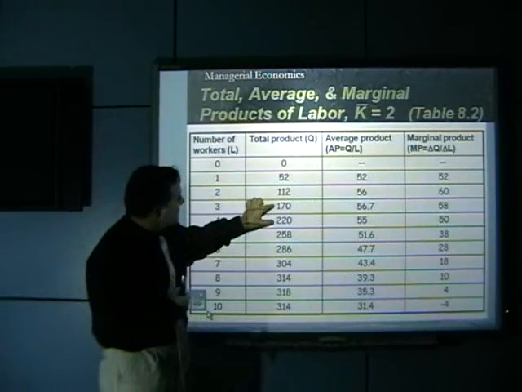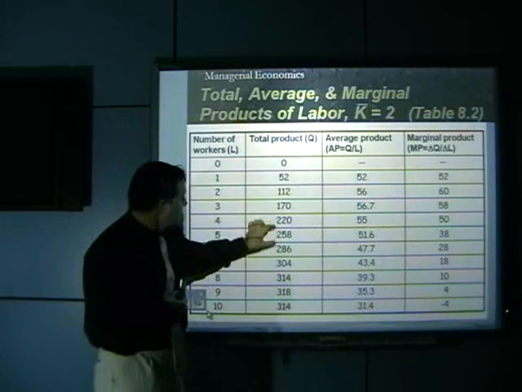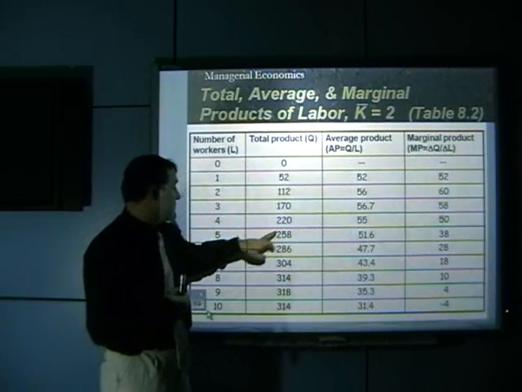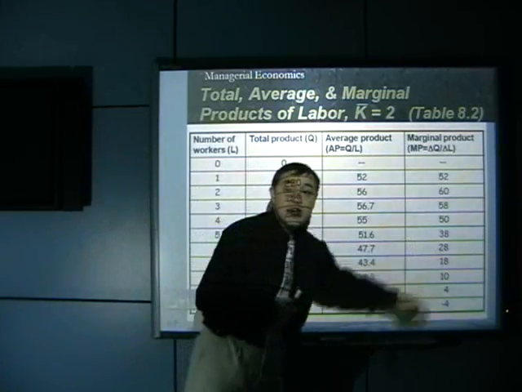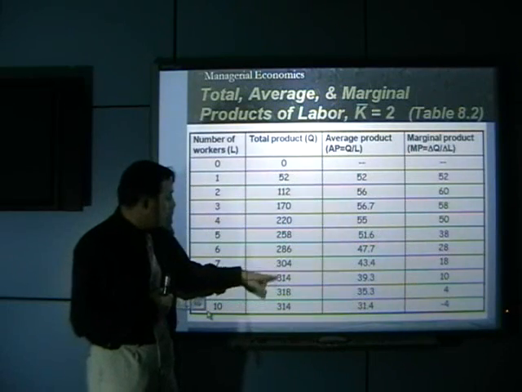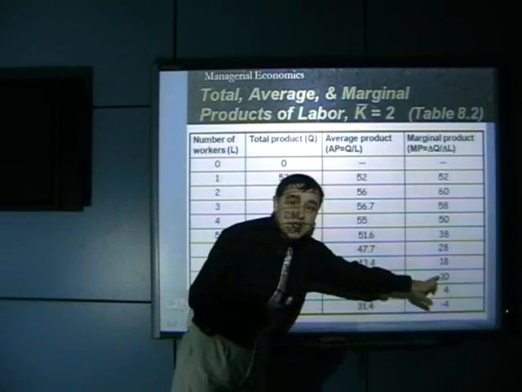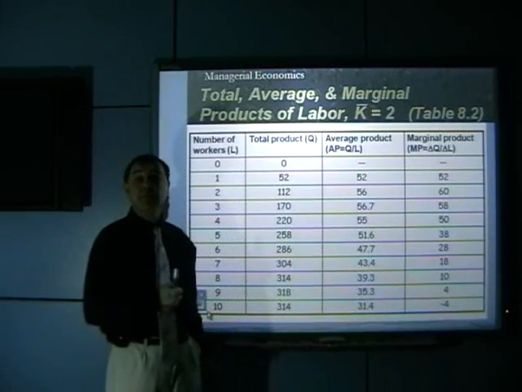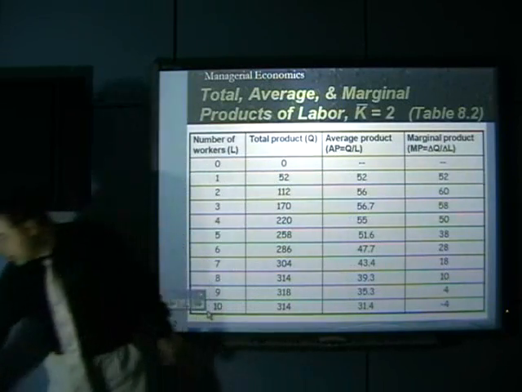The next difference is 50, right? Right there. The next difference is from 86 to 58, what is it? 28. In other words, you take the difference between the two, 312, 314, 304, and the difference is 10. Alright? So, this is the way to look at marginal product.